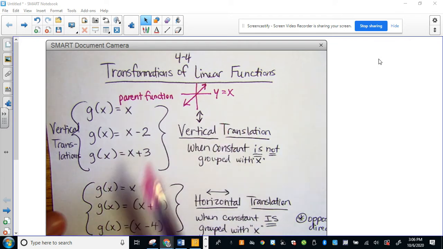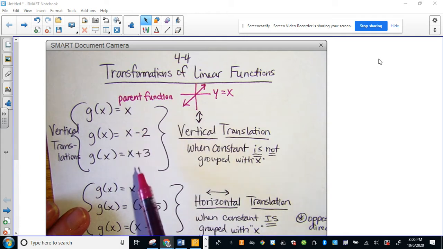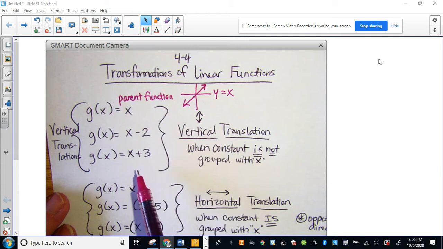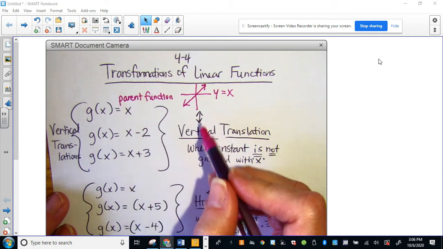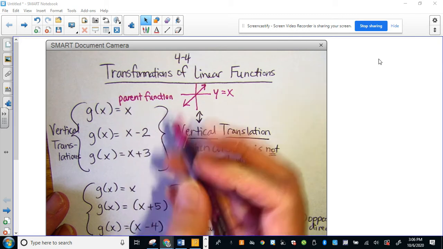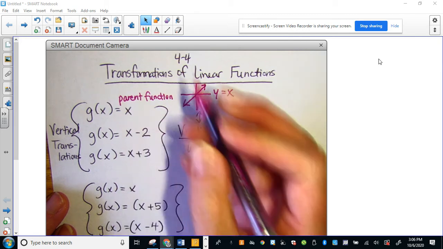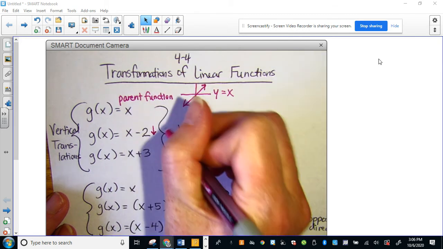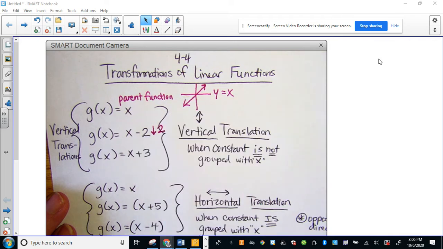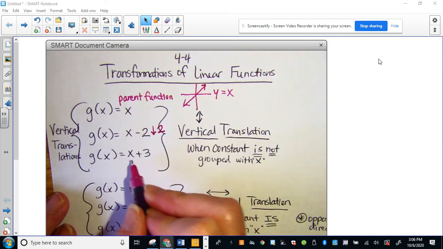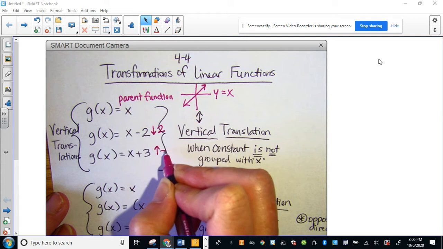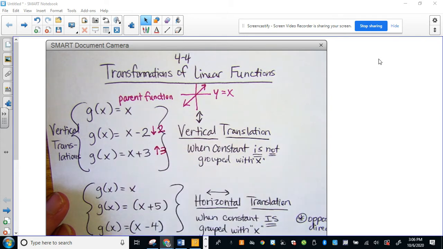So the first set here, and if you want to pause now and copy this section, we're going to be talking about a vertical translation. So for vertical, that means we're going to move up or down. So for this one, -2 means you move that line down 2 places. And this +3 means you move up 3 places.